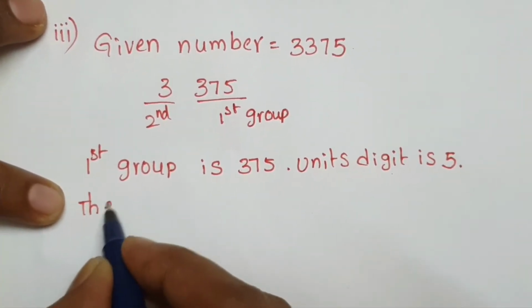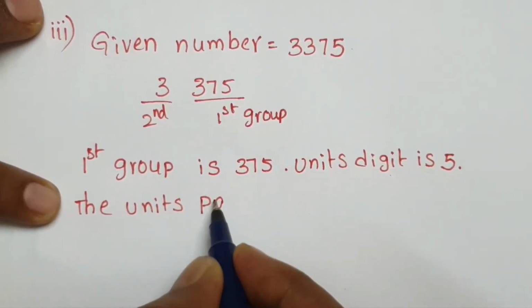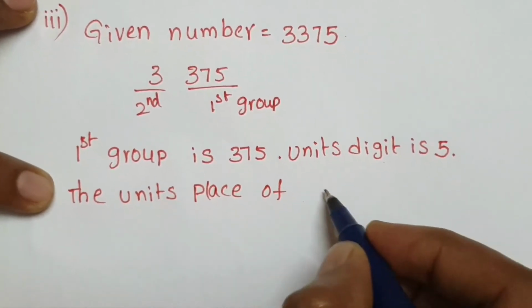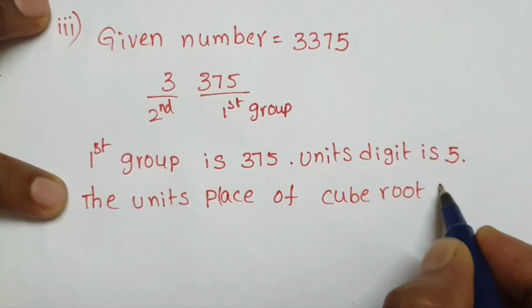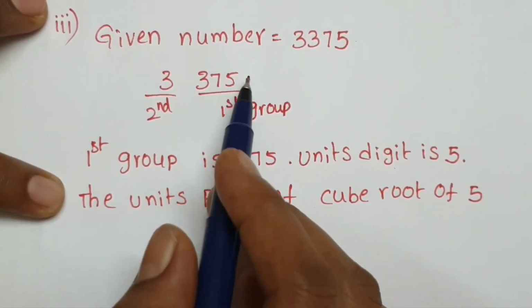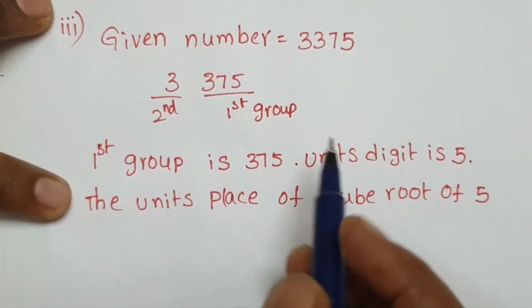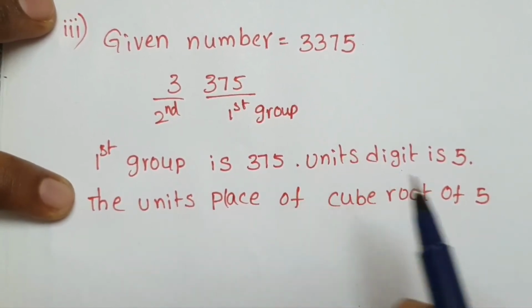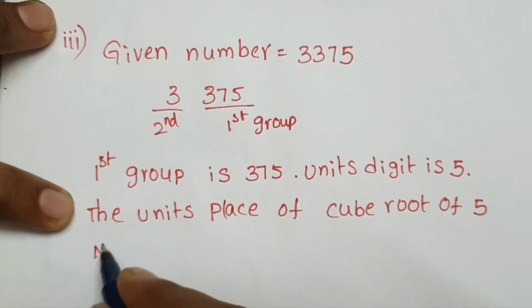The units place of the cube root is 5, because 5 cube: 5 fives are 25, 25 fives are 125, and the units place is 5, like that.